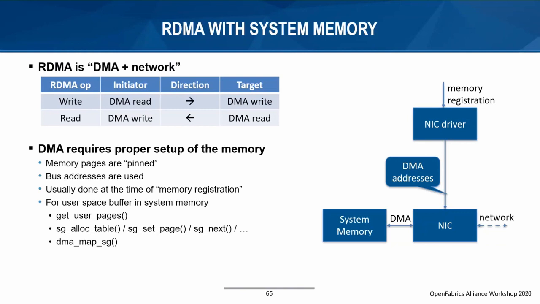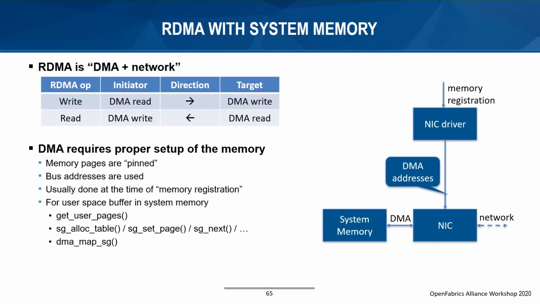On the picture on the right-hand side, we can see the flowchart of this operation. The NIC is doing the DMA from the system memory to the NIC's packet buffer. In order to do this operation, the NIC needs to get the DMA address for the buffer.